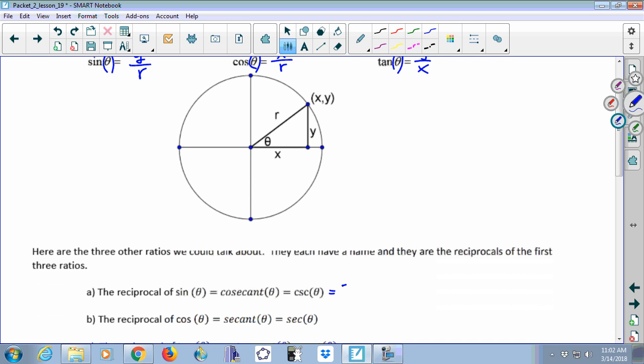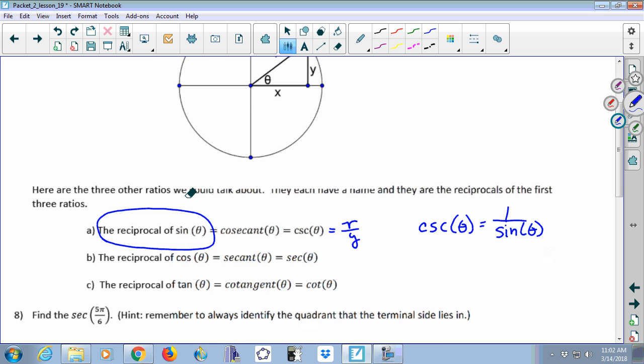So the cosecant of theta is the reciprocal of the sine. So that would be R over Y. So your hypotenuse is always on the top with these first two, right? R over Y. So now I'm just going to take this and write it a different way. I'm going to say the cosecant of theta is the reciprocal of sine theta. You could write it that way. Unfortunately, the letters don't match.